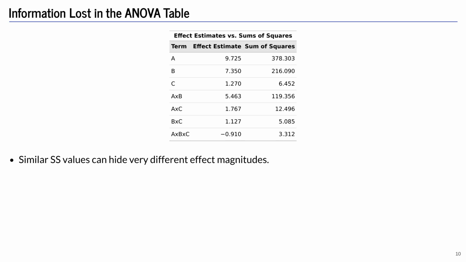The ANOVA table is a significance filter. It is not a communication tool. When you report to a client who must decide whether to change a process setting, the effect estimate and its standard error are what they need, not the sum of squares.